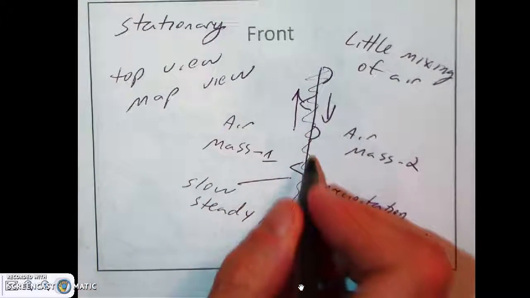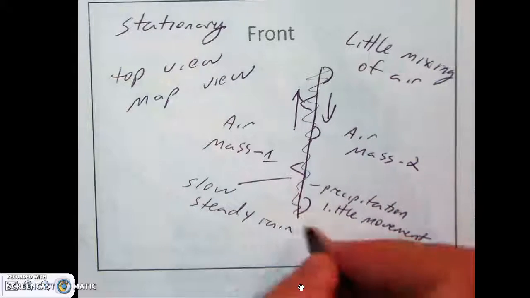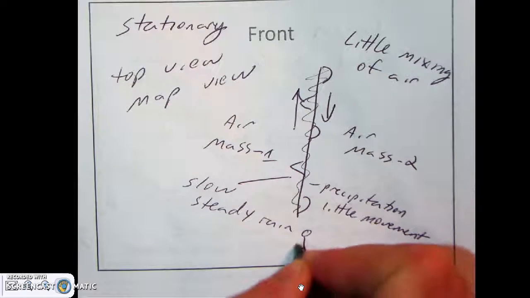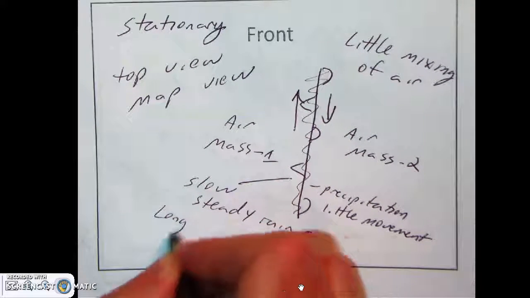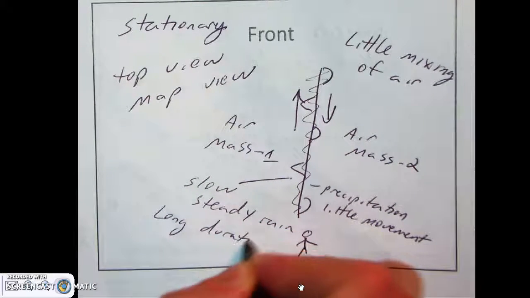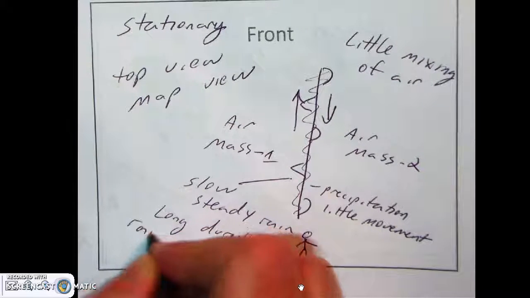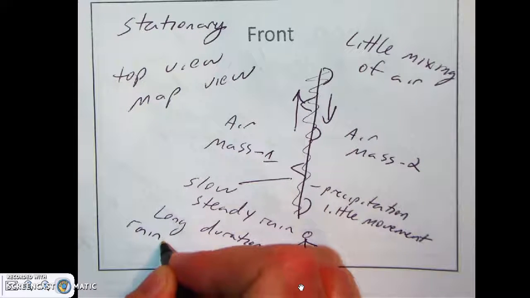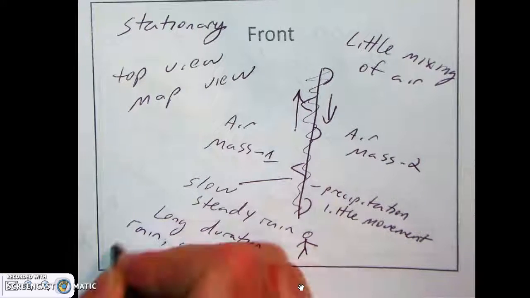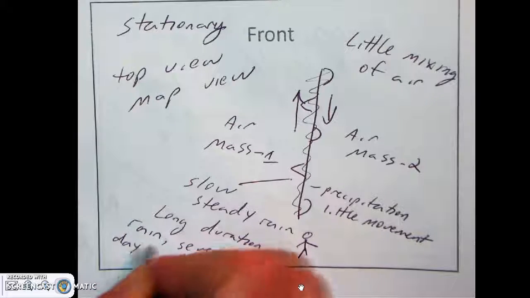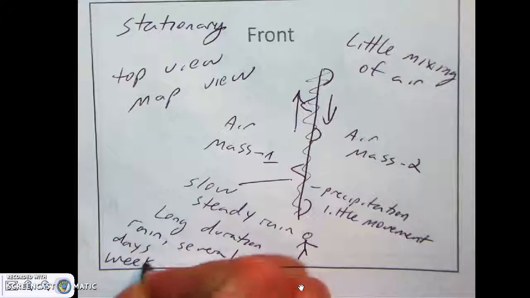But because the stationary front doesn't move much, if you're under the stationary front, there's a little person there, you're going to see a long duration rain. It might last days, maybe several days, maybe even in the neighborhood of a week.